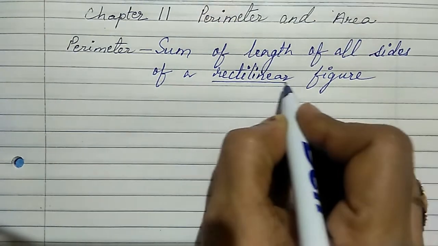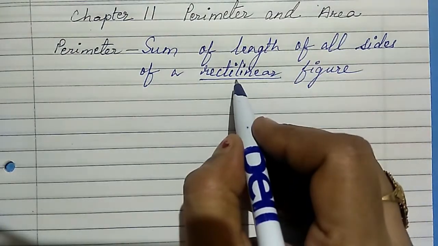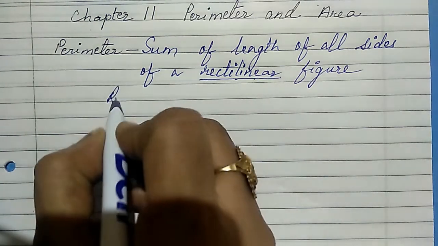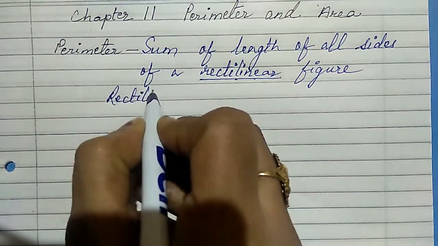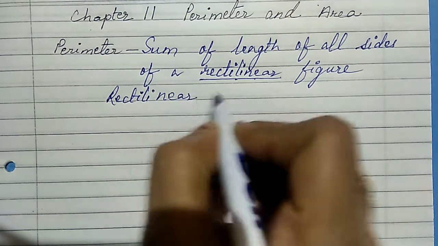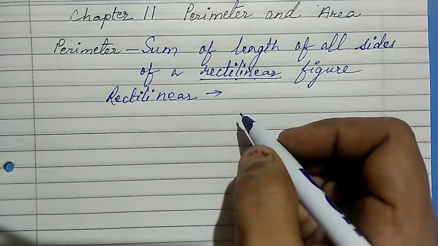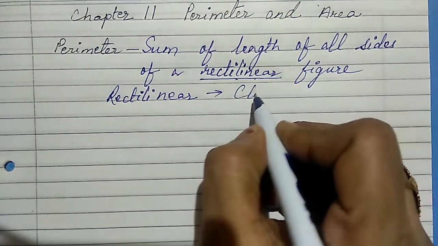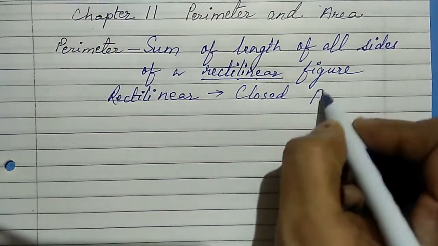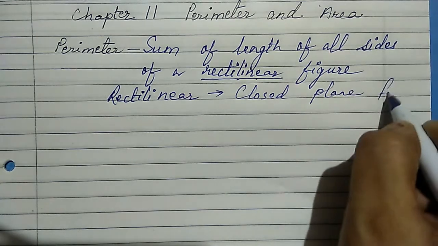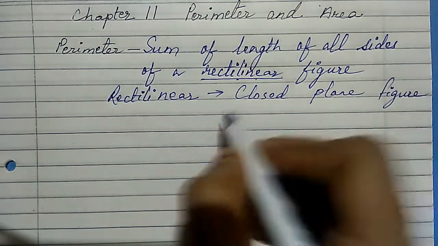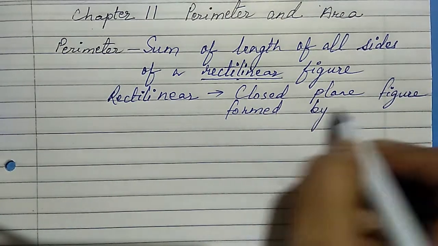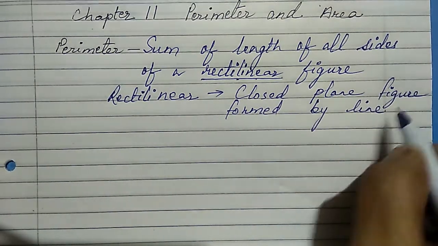The term rectilinear is something related to lines. So, what is a rectilinear figure? It means a closed plane figure formed by line segments.